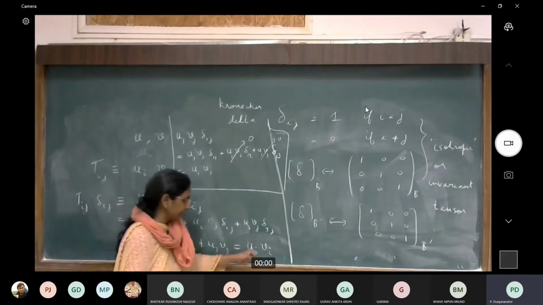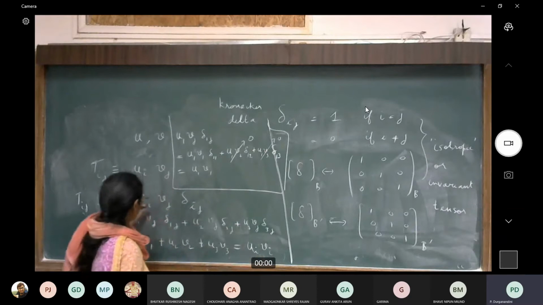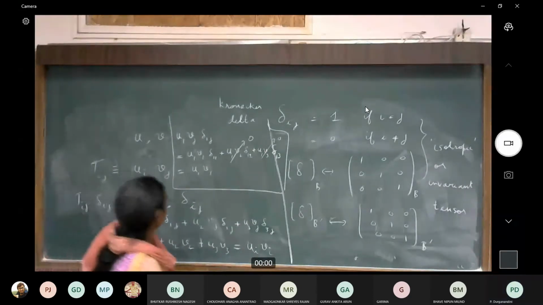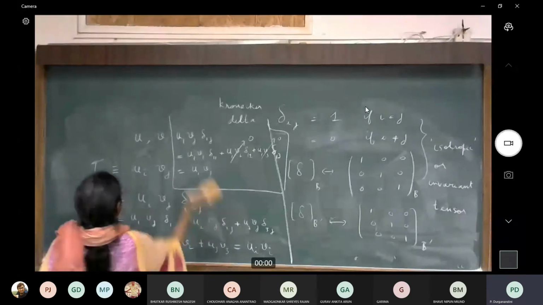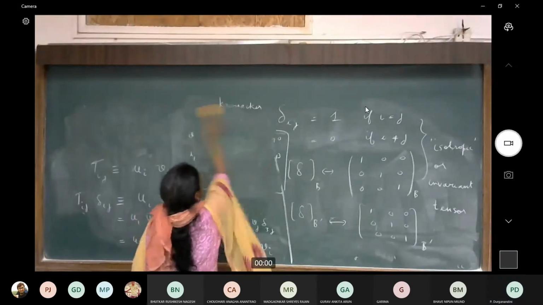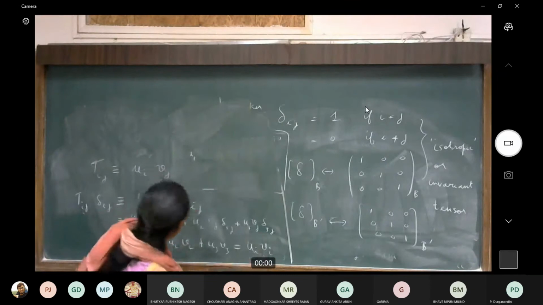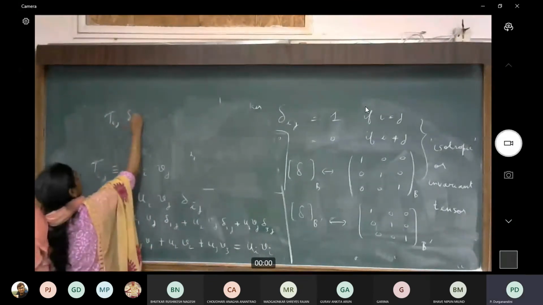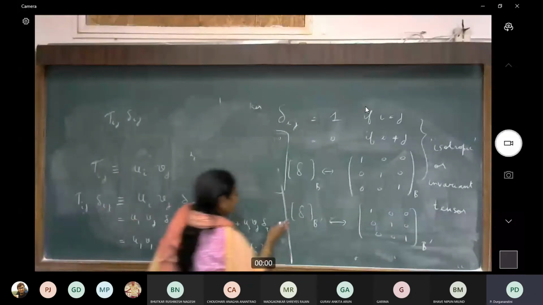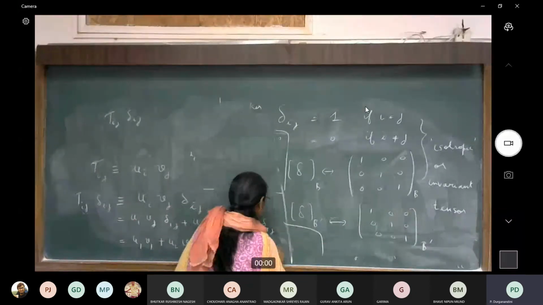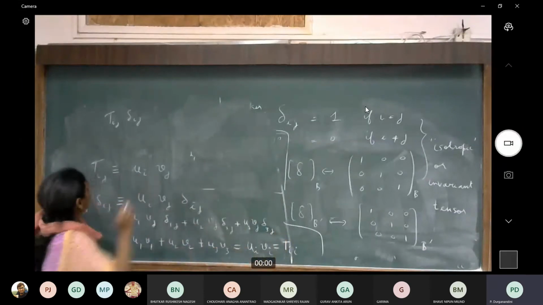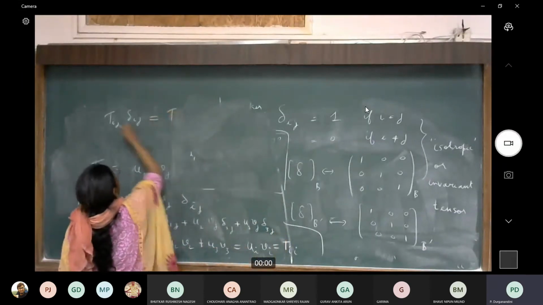I can simply write it as ui vi because this is repeated summation over the i index. So therefore, what we find from here is that Tij delta ij is nothing but your trace, or your Tii, by definition.